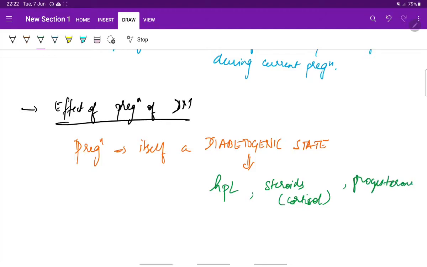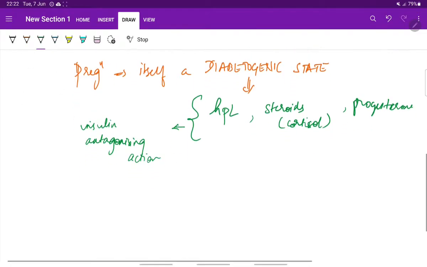All these hormonal levels get increased during pregnancy, which have an insulin antagonizing action. So, they in turn lead to a diabetogenic state during pregnancy.